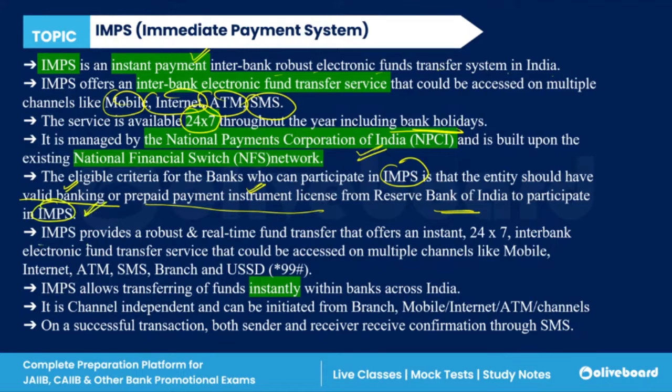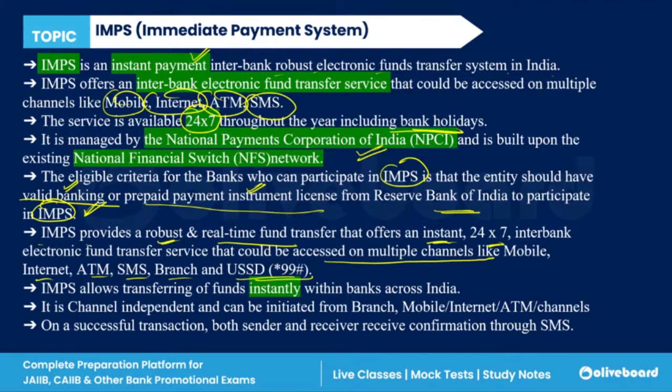Now, IMPS, Immediate Payment Services, provides robust and real-time fund transfer that offers instant 24/7 interbank electronic fund services that can be accessed on multiple channels, like mobile, internet, ATM, SMS, branch, and USSD.